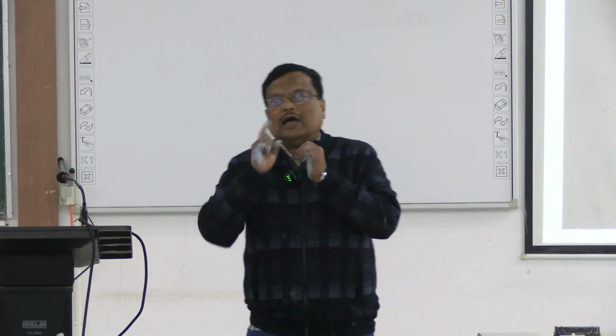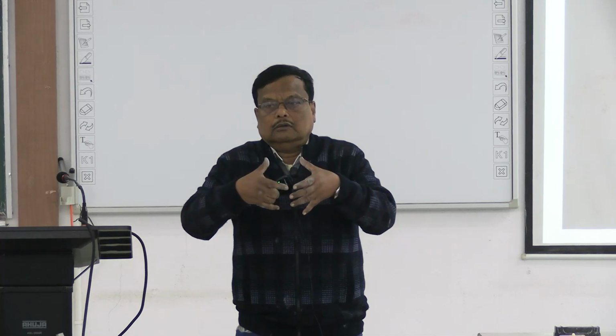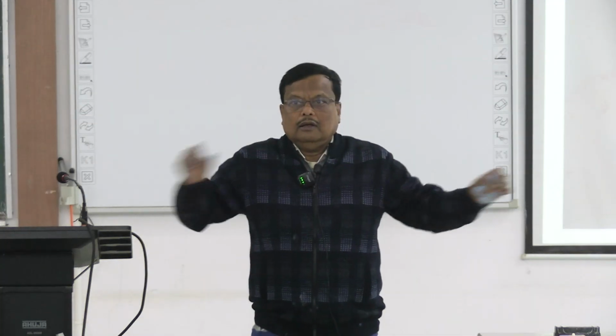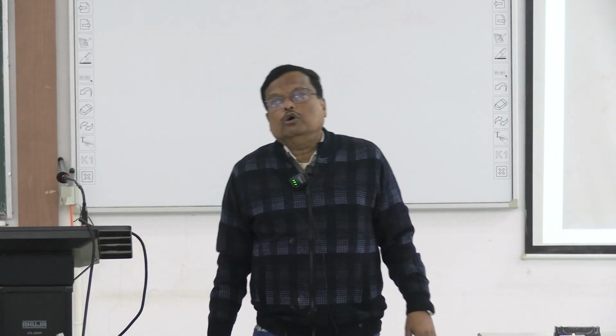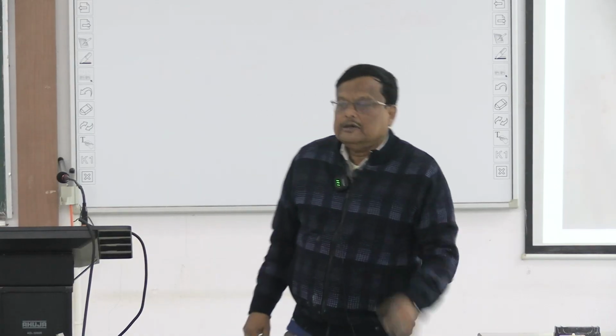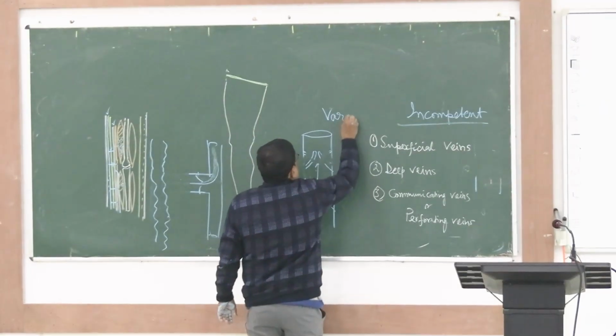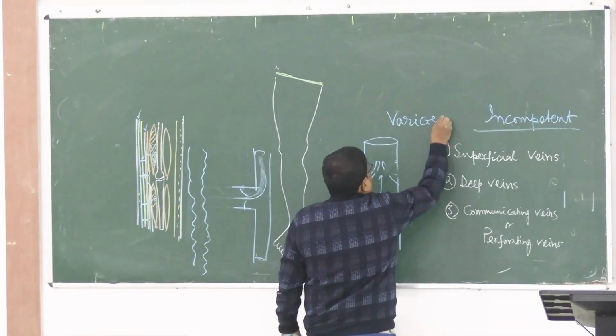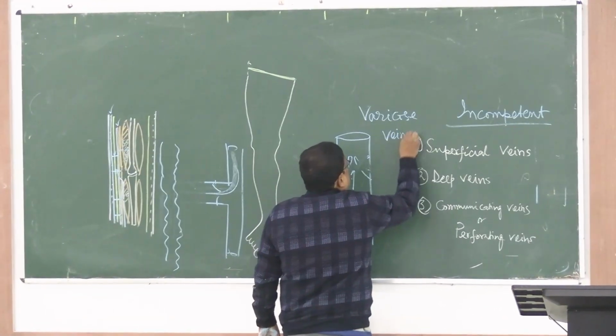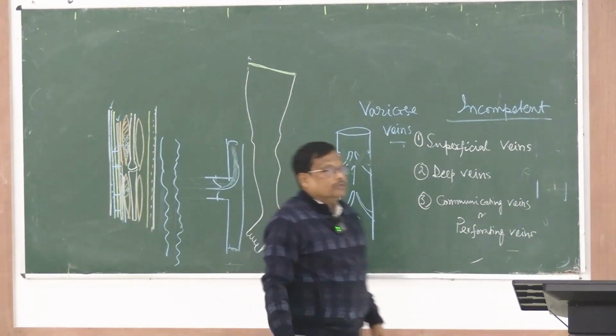So, when the veins are dilated, elongated, and tortuous, we call it varicose vein. That is the clinical term. We call it varicose vein, or varicosity of the veins.